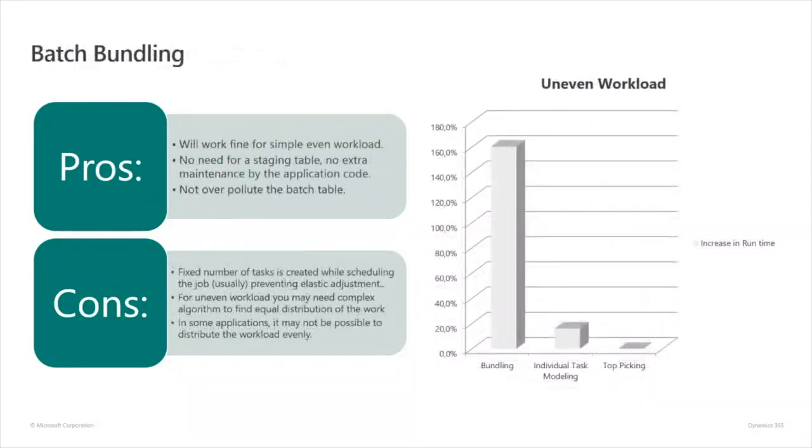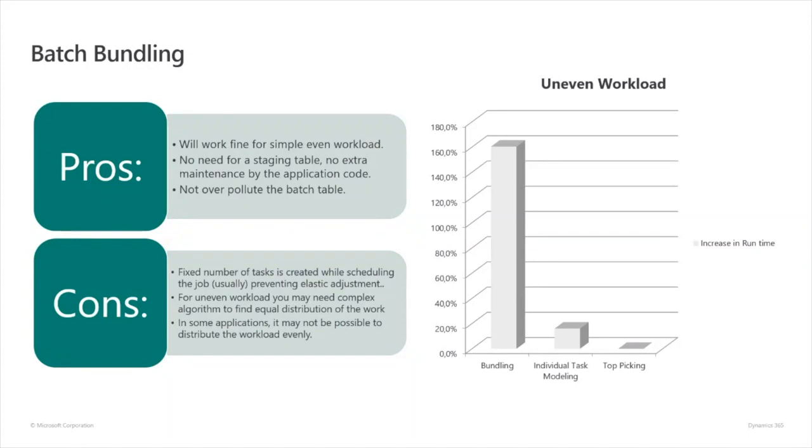Next part is batch bundling. So in this approach, there's a fixed number of tasks created, usually while scheduling the job itself. And the batch framework is currently designed in such a way that you can add or shrink the number of batch threads, either automatically through batch server schedule or manually by the admin.